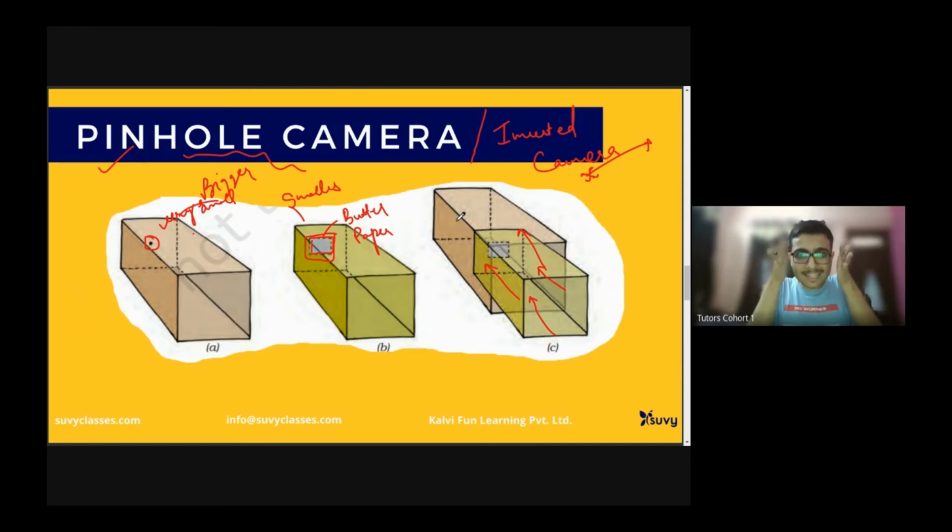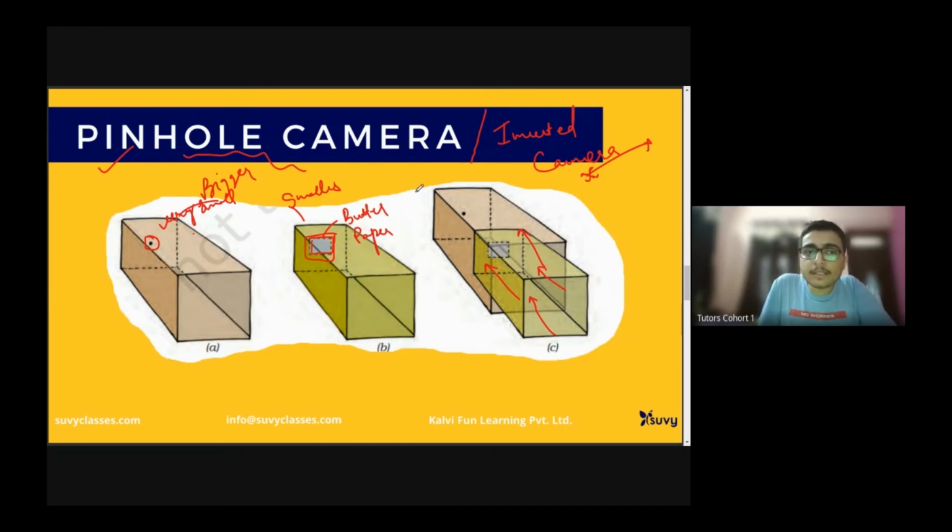Now I will slide my smaller box inside and look at different objects, and an image of those objects can be made on this butter paper.